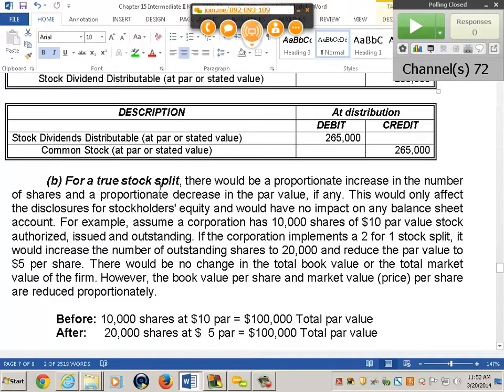Just remember, when the shares split, everything splits. Authorized, issued, outstanding, and treasury will split. So all shares will split. And a stock split, very much like a large stock dividend, has a signaling effect.